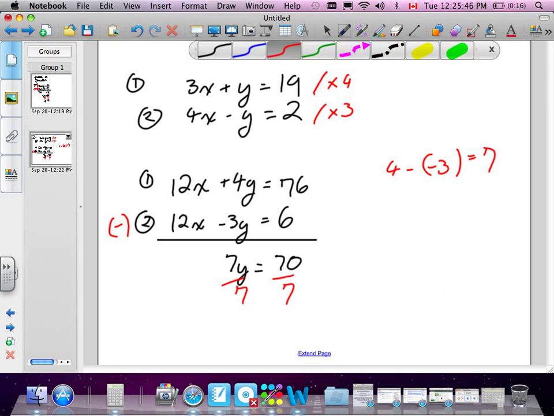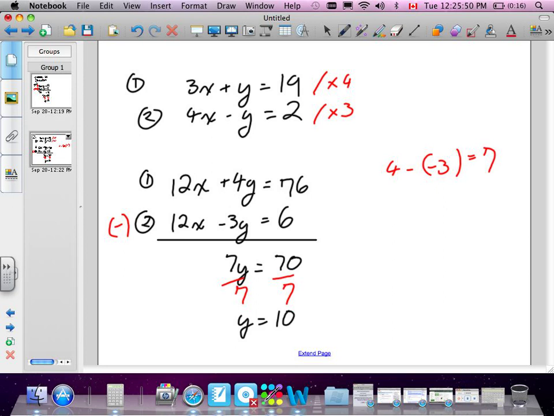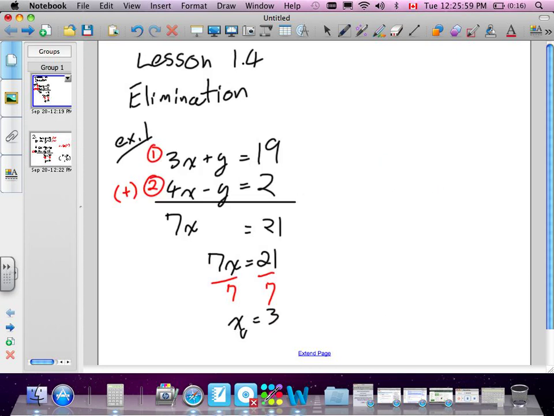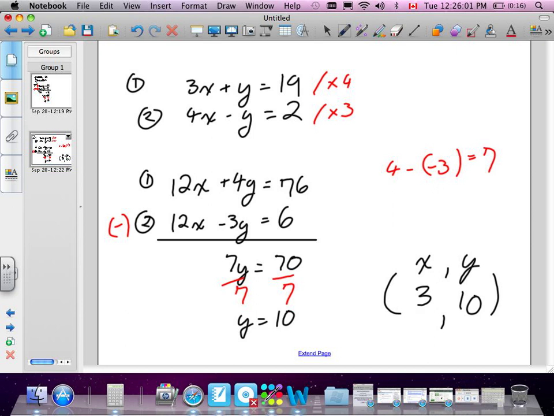I've got to isolate y. Divide both sides by 7. y is equal to 10. So my point of intersection between these two lines, again, that's what I was solving for. My y was 10 and my x was 3. So my point of intersection is (3, 10).